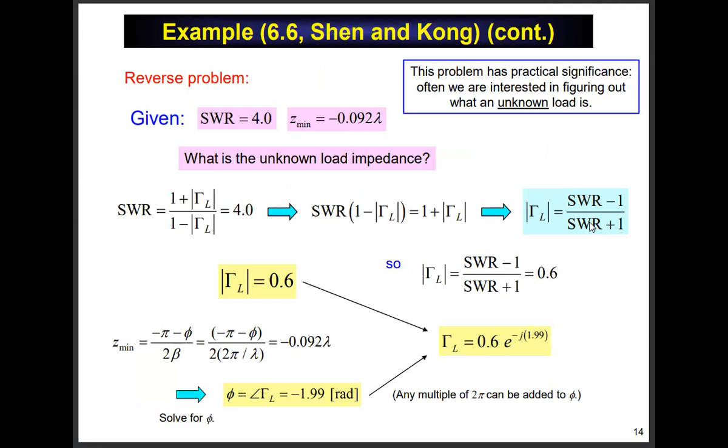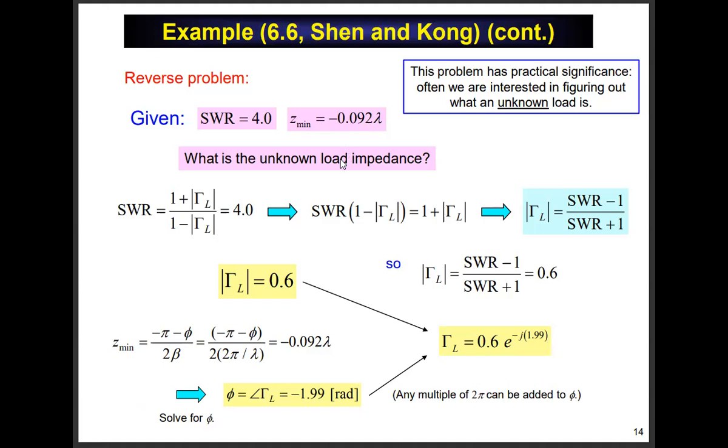This is exactly the same type of problem, just the numbers are a little bit different. Here the SWR was given. They didn't give us the SWR in that exam problem, but from the data given, we know the SWR is 3, right? You have to be given or calculate where a minimum or a maximum is. You can do it either way. Here a minimum was given, at 0.092 lambda from the load.